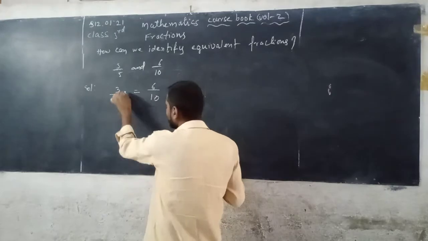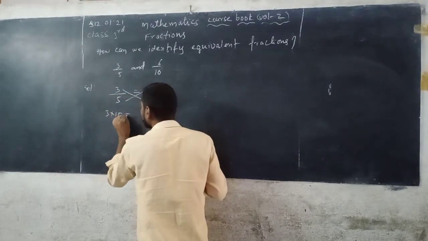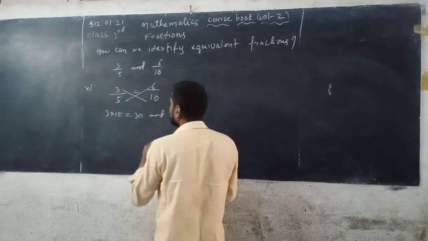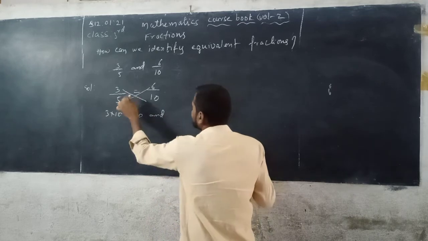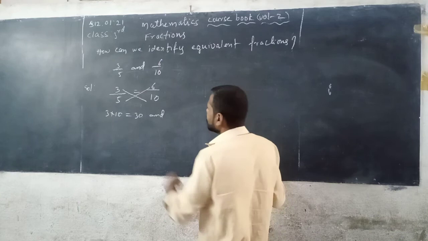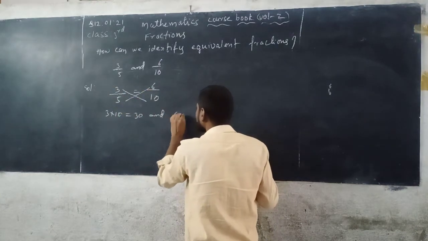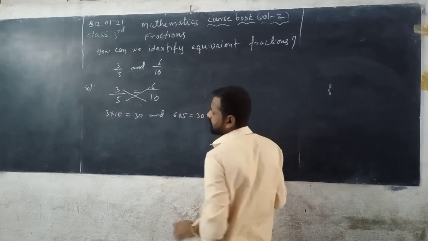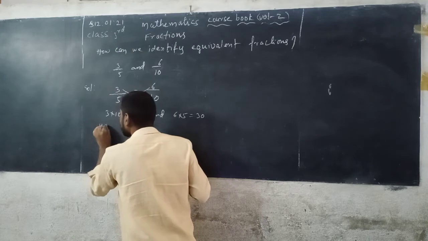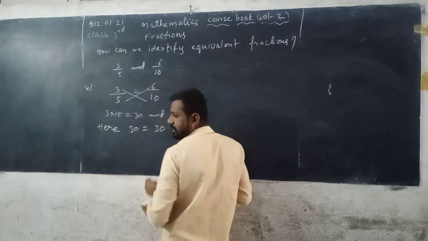Now taking cross multiplication, 3 into 10. What do we get? 3 10s are 30. And 6 into 5, or 5 into 6. So 3 into 10, then you can write 6 into 5. 30 is equal to 30.